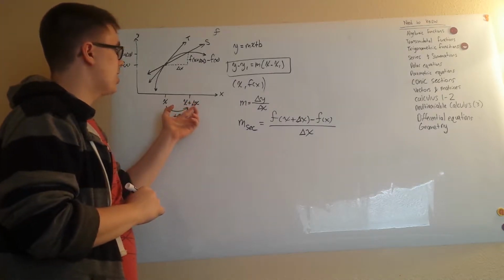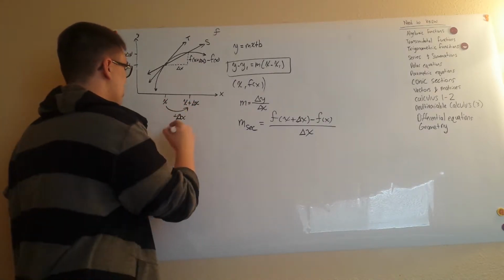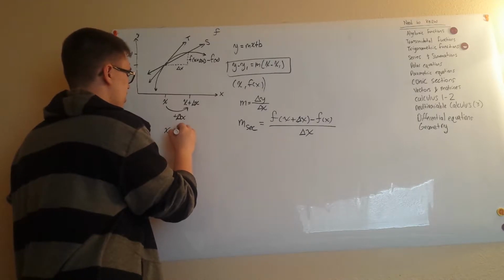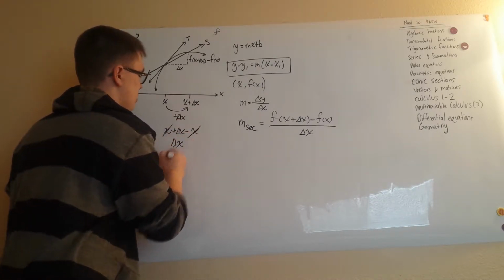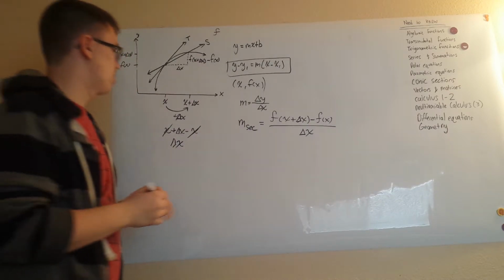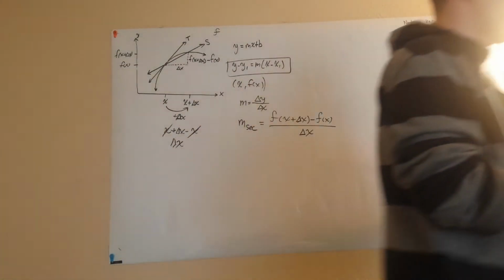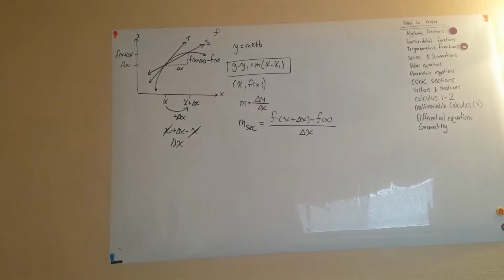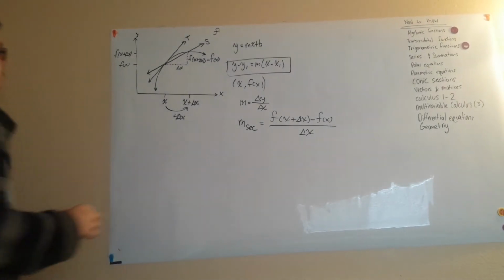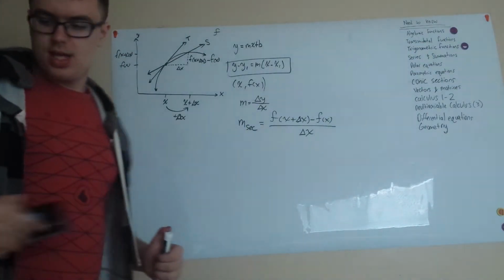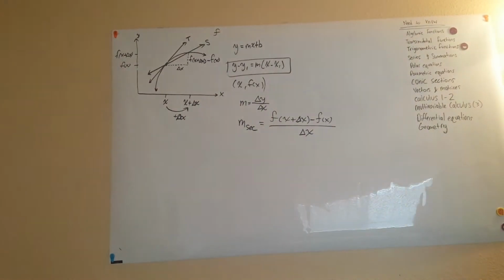Now if I do x2 minus x1, it's just delta x. Sorry for the bad handwriting. That's why I put delta x instead of all the weird stuff here. So that's the slope of the secant line.